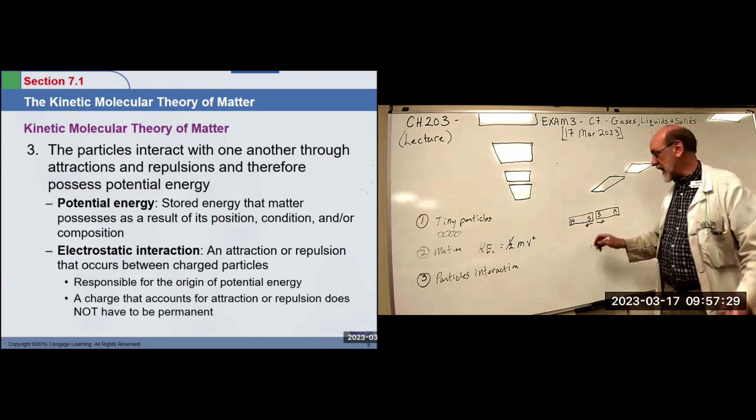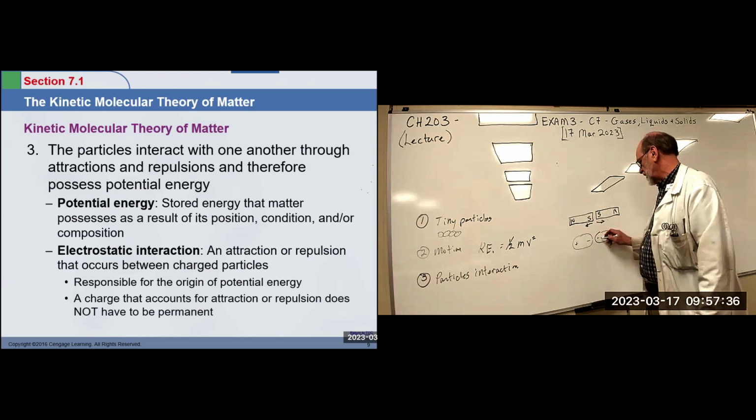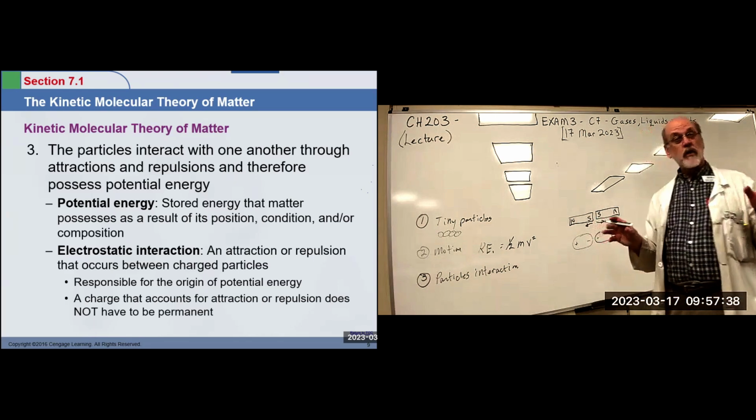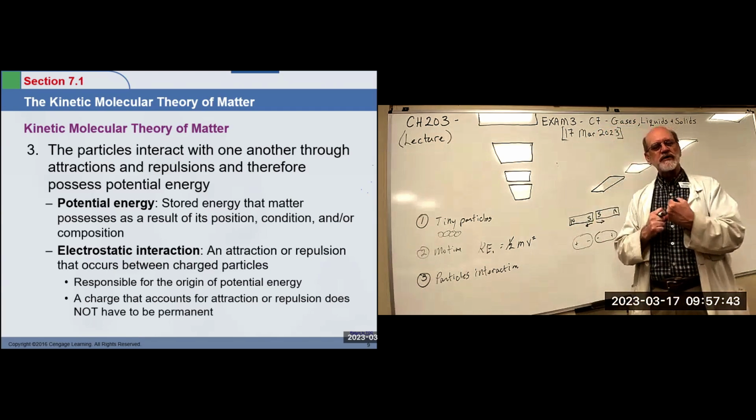This works with electrostatics too. If you have a molecule that's negative on one side and this one's negative on one side, then the same thing works. If you push them together, you're going to store energy in that repulsive force.